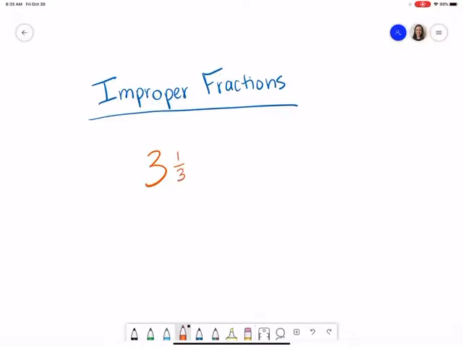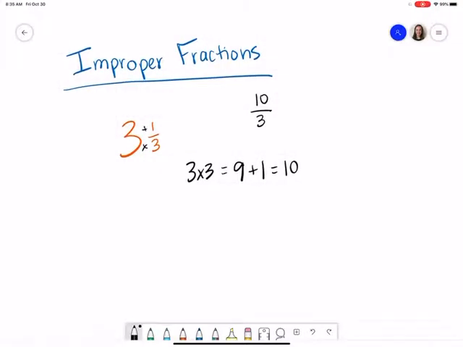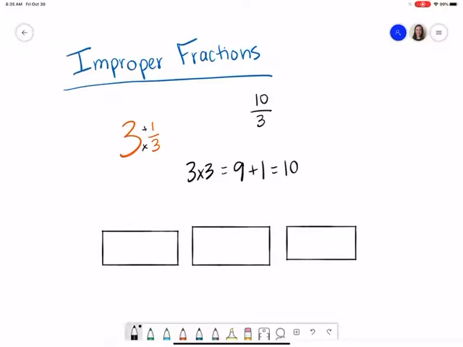Okay, so first we multiply the whole number by the denominator. So 3 times 3 is 9. And then we're going to add our numerator. 9 plus 1 is 10. So we have a total of 10 pieces that are 1/3 size. Okay, and to show that, we had 3 wholes that were each divided into 1/3.